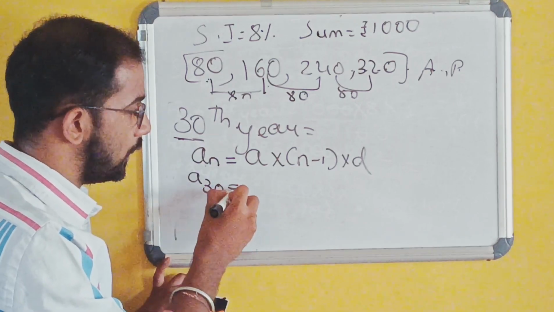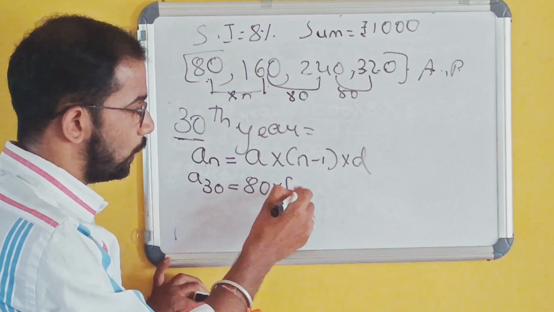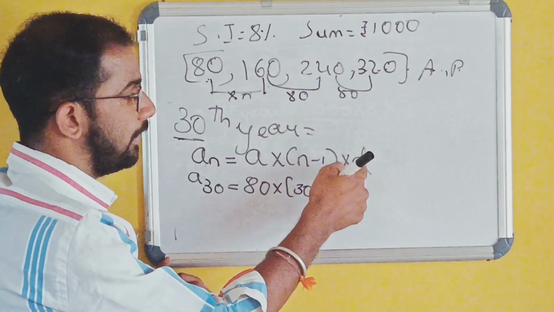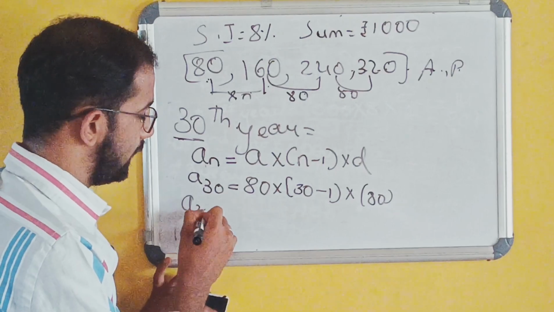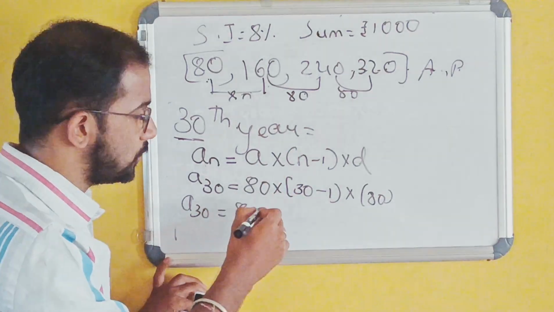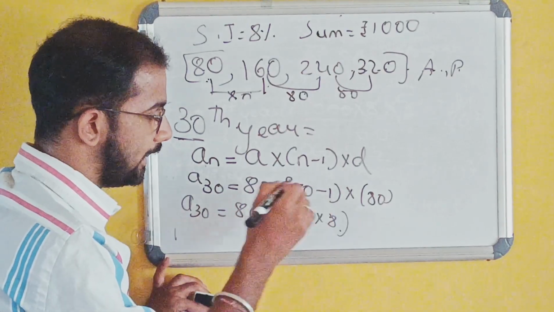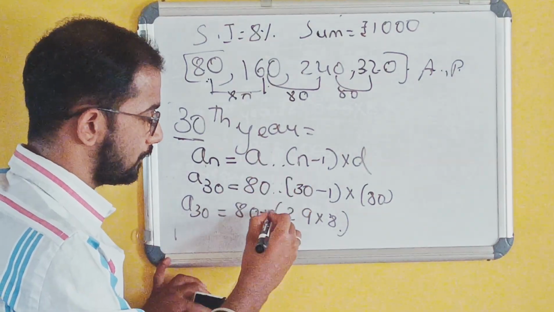A30 equal to a, which is 80, plus, what is the value of n, that is 30 minus 1, into the value of d, which is 80. A30 will be 80 as it is. Sorry, this is plus.